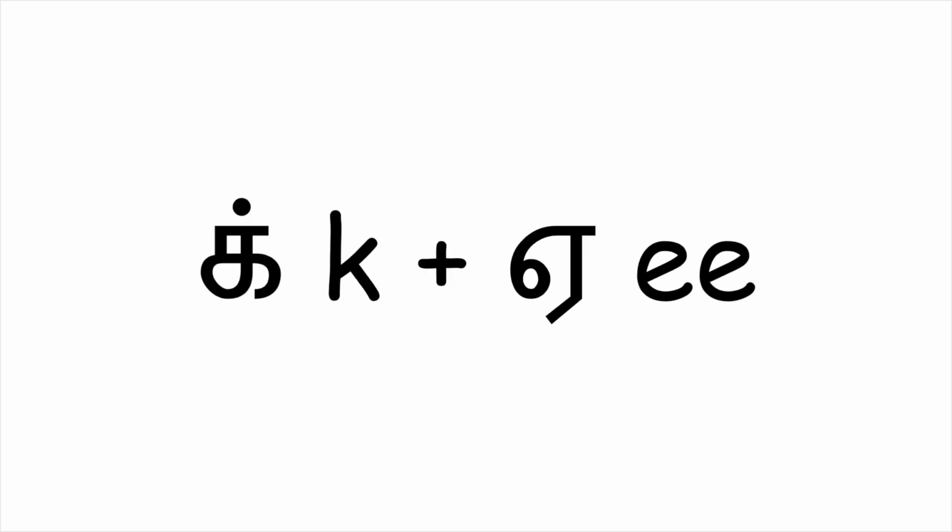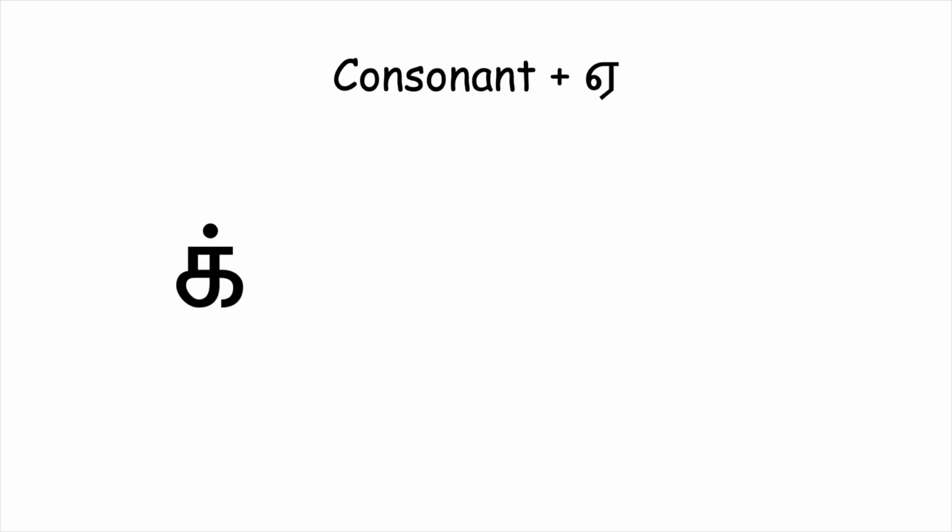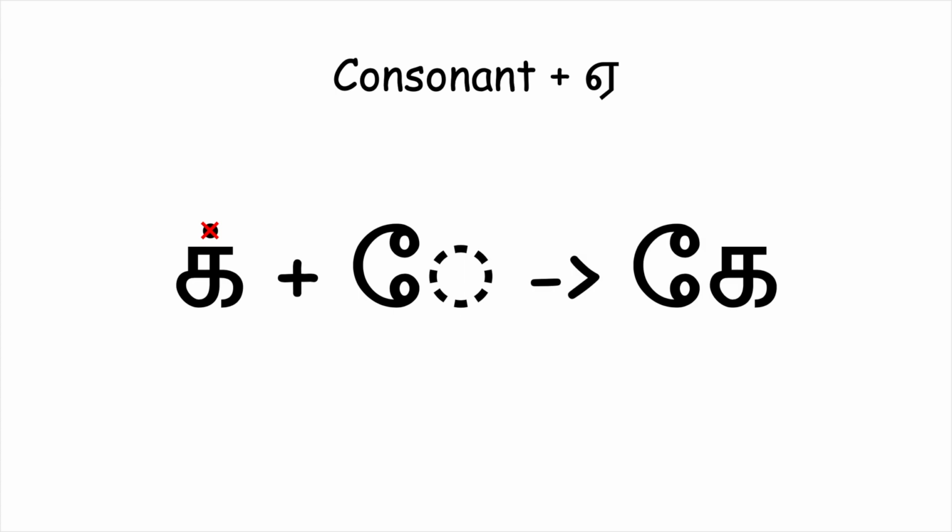This is the letter ke. It's formed from uk plus e. The pattern which applies to the consonant plus e combinations is to get rid of the dot and add this pattern to the front. So when we apply this to uk, we get ke.